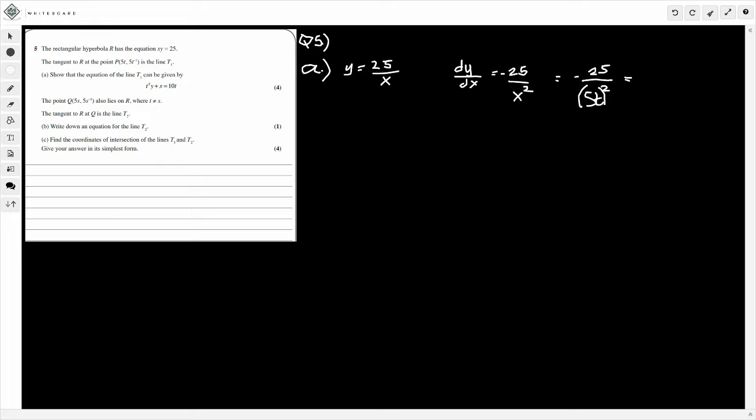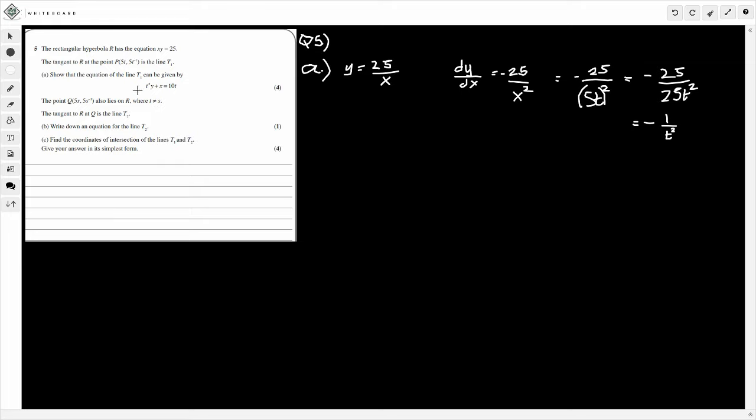Simplifying that, you're going to get minus 25 divided by 25t squared. So what that actually gives us is minus 1 over t squared. So the gradient at this point is minus 1 over t squared when we're working with 5t as the x coordinate. We subbed it in, and we've simplified the expression to get minus 1 over t squared.